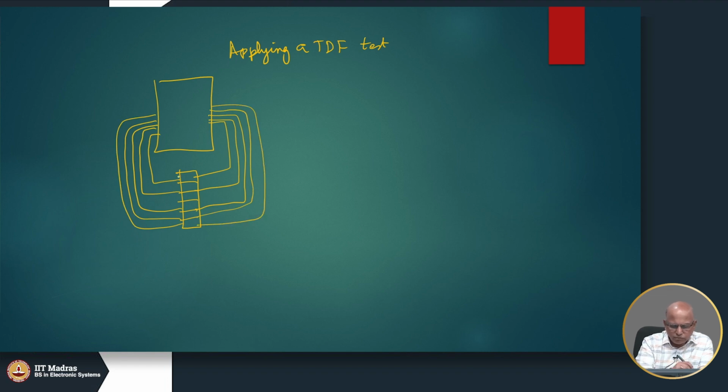So these are my D flip flops. I have converted them into a scan chain so that I can initialize them to any value I want. See, applying V1, we can use a scan chain. So no problem, we can apply V1 by shifting in the appropriate value.